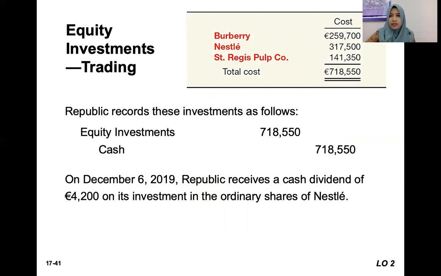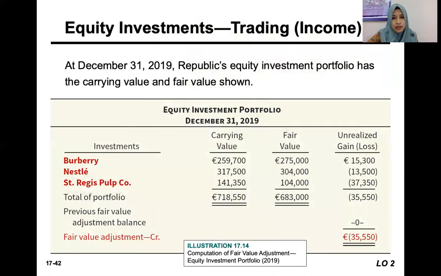It's very rational double entry. You don't need to memorize it actually. And if it receives a cash dividend, then we record debit cash and credit dividend revenue, as usual, what you have been recording from the beginning of the accounting subject.